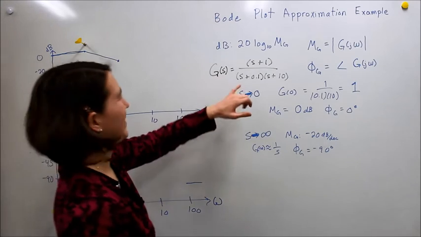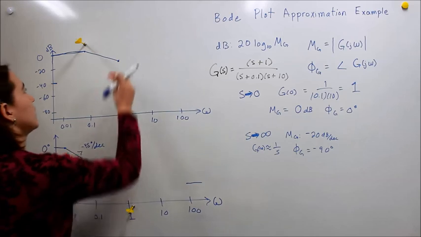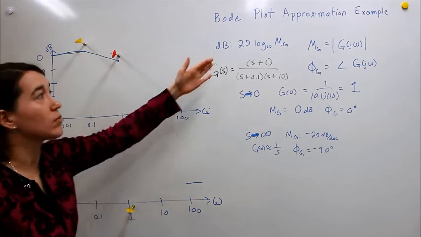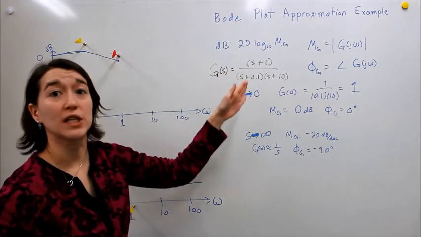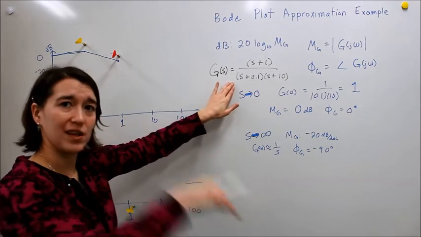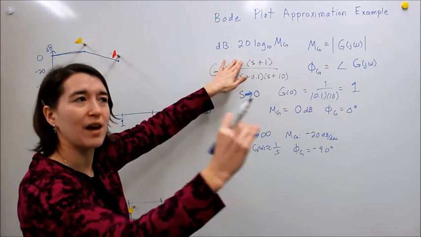But now we have the effect of the next one, the zero. The next one is 1. So here we have 1. In the magnitude, we know the zero is going to do the opposite of the pole. It's going to make the magnitude increase by 20 dB per decade. So the pole is making it decrease by 20, and the zero is increasing it by 20. Net, we have 0.